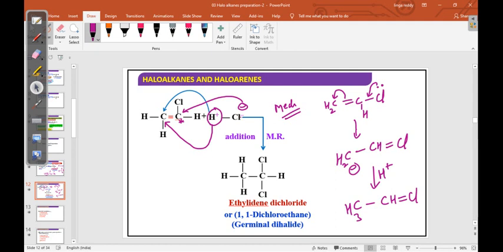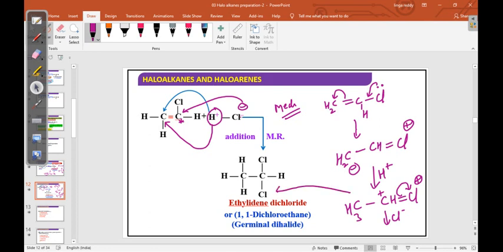But next Cl is attacking. Why is Cl attacking? See, here it is a plus. Cl plus is unstable, so immediately it is taking back electrons. So this carbon is getting positive charge. Then this Cl is attacking on the carbon, sorry, not the middle carbon, it is the terminal carbon.